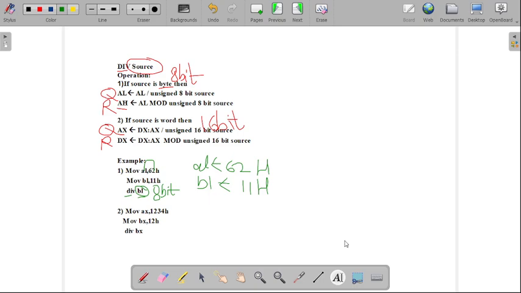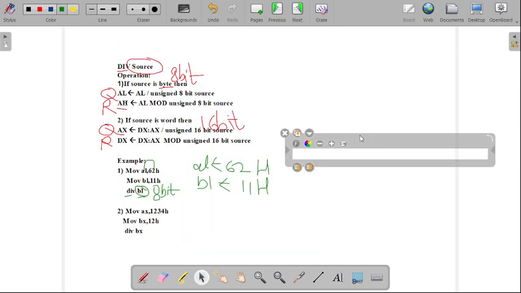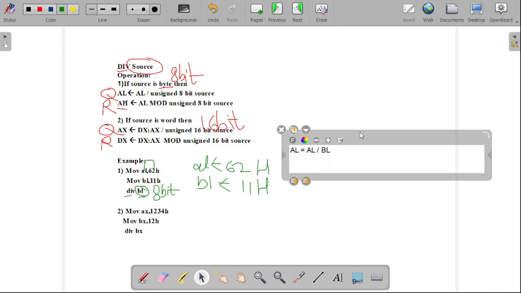Whenever we perform this division instruction, we check if the source is 8-bit or 16-bit. Whenever it is 8-bit, our quotient will be stored in the AL register. So I am writing here AL divided by our unsigned 8-bit source, that is our BL register, and our remainder will be stored in AH, which is equal to AL mod BL.